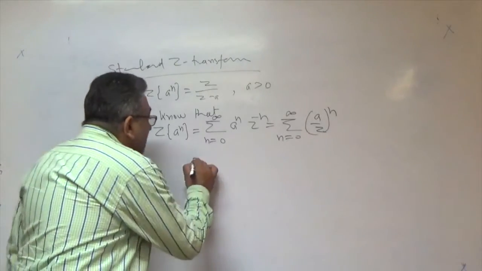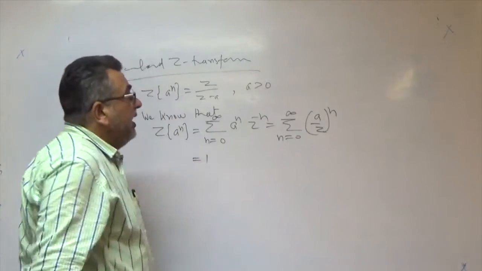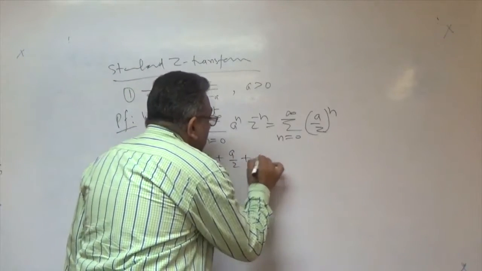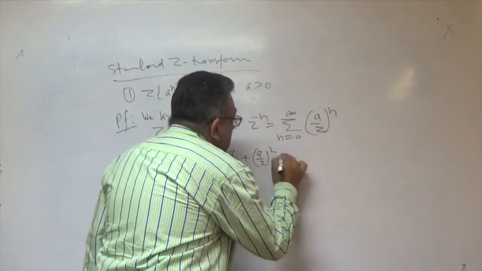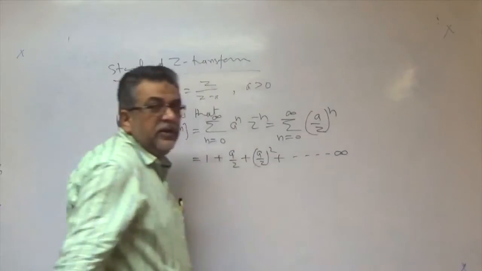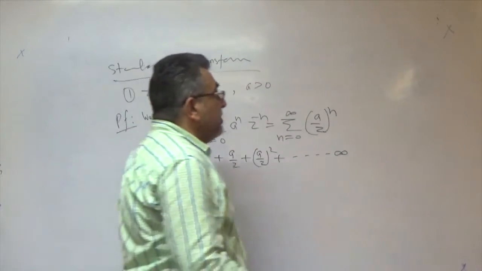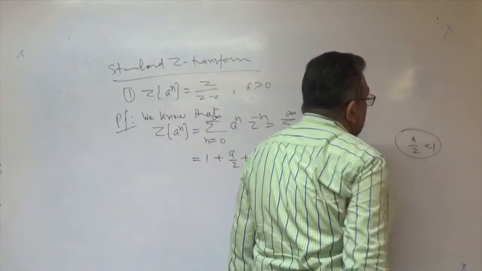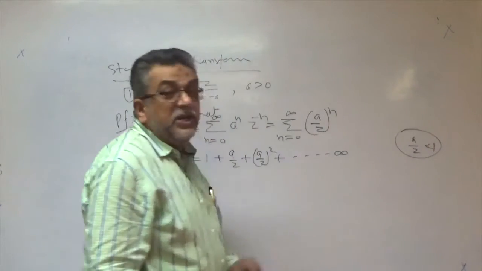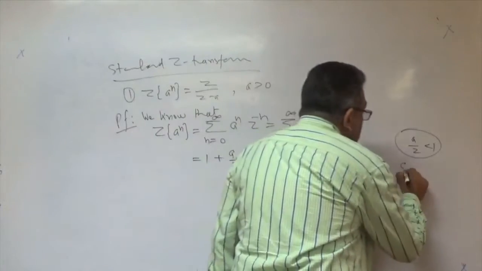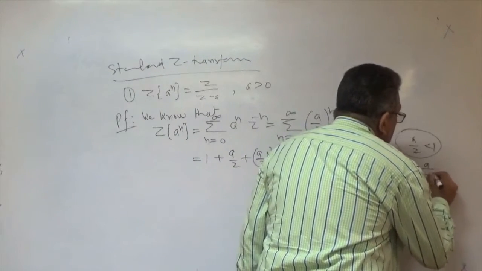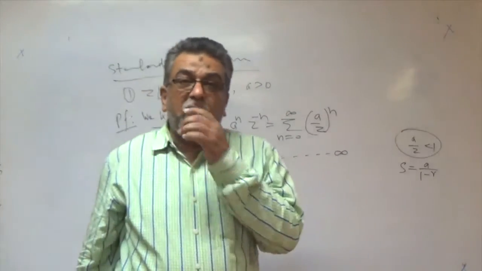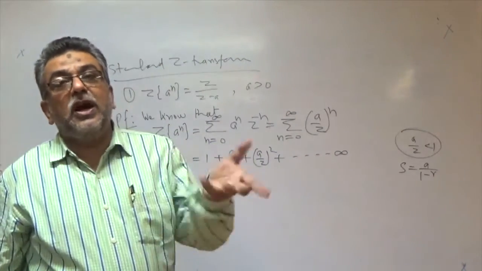If we expand this series, then the first term is 1, that is a by z to power 0. The second term is a upon z. The third term is a upon z square, plus so on up to infinity. And here a is positive. So if we take a upon z less than 1, then this is a geometric series, and you know that the sum of a geometric series is a upon 1 minus r, where a denotes the first term and r denotes the common ratio.